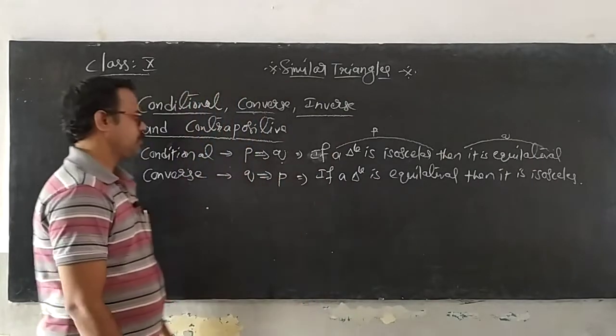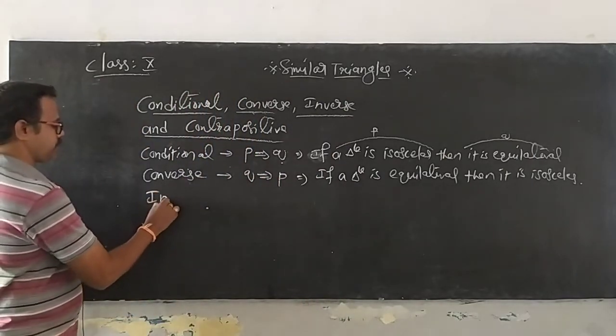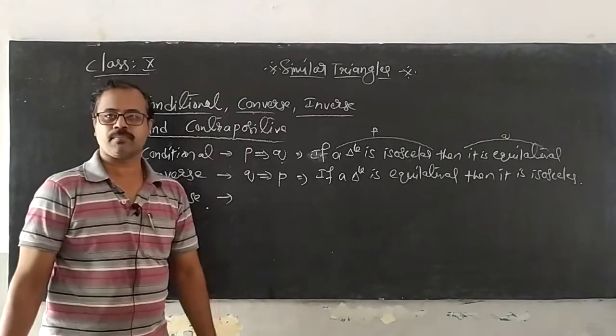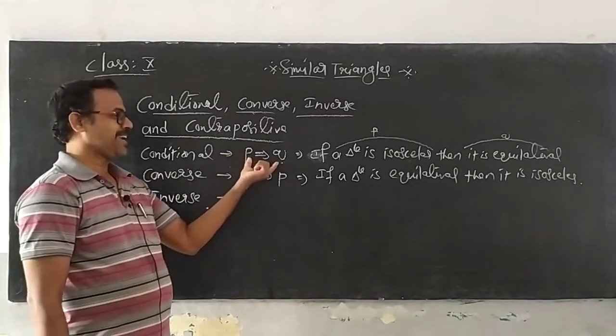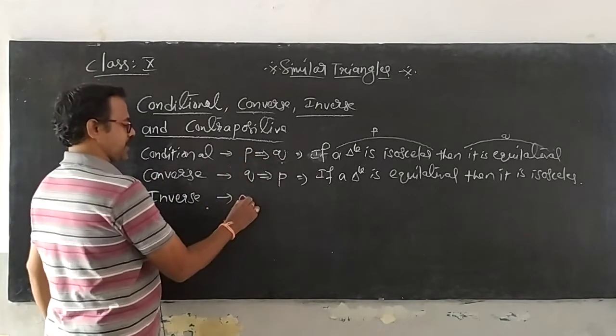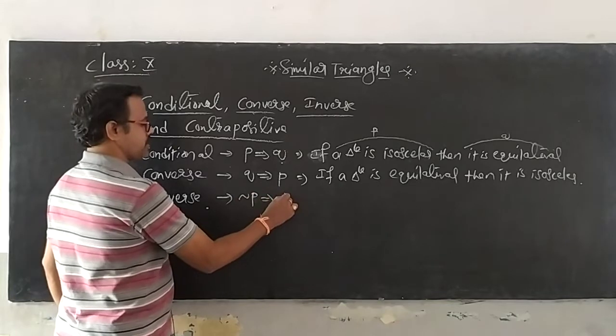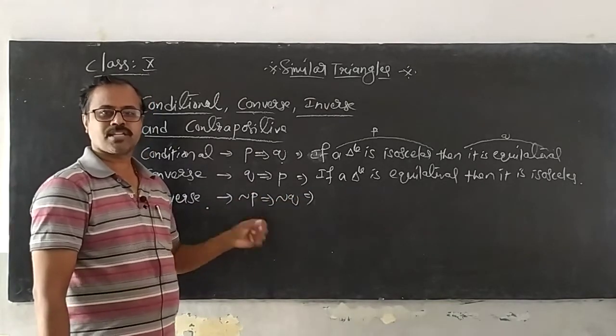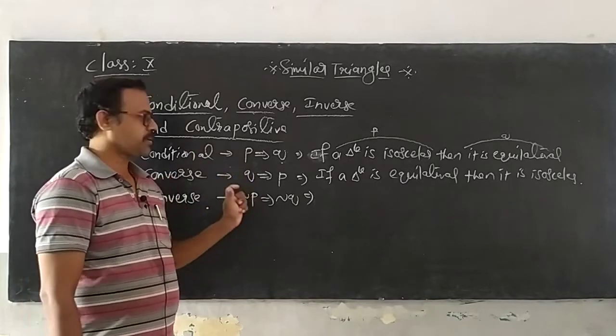Okay. Now coming to the next one, inverse. Inverse is an implication formed by the negations of the given statement. That means negation P implies negation Q. I said to you what is meant by negation. Negation means not. You just apply not there.